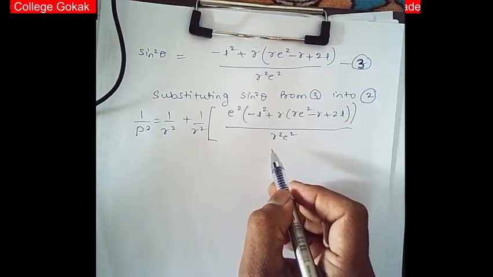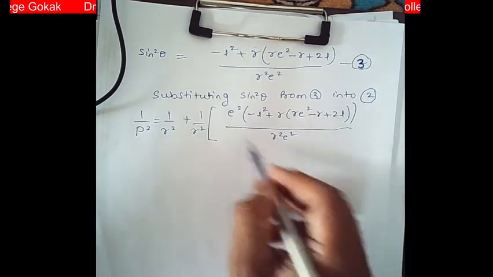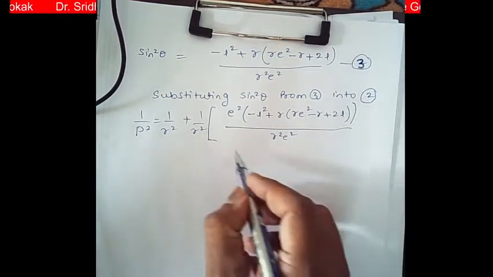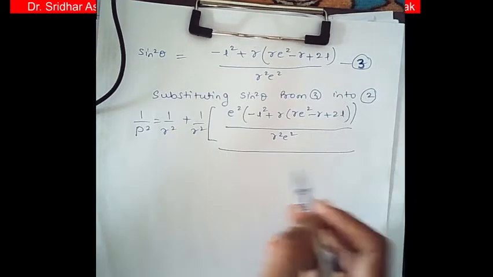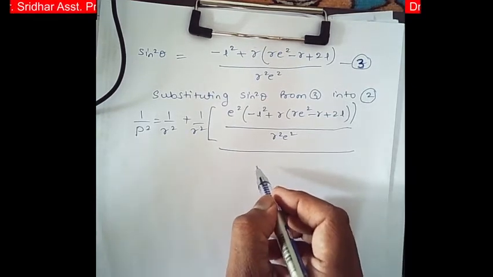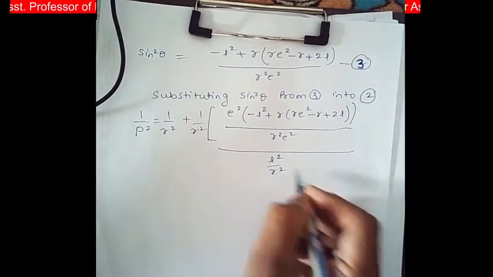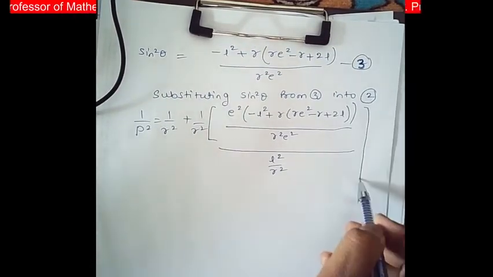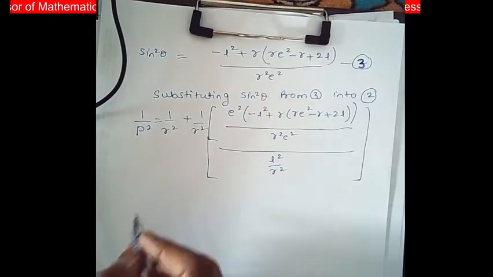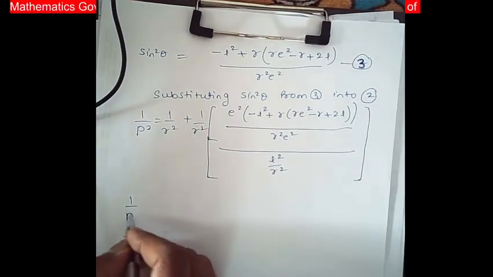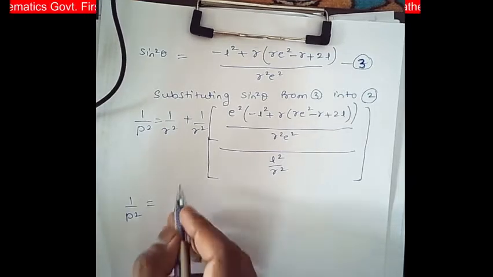Then this is divided by 1 plus e cos theta whole square. So 1 plus e cos theta means L by r, so whole square means L square by r square.